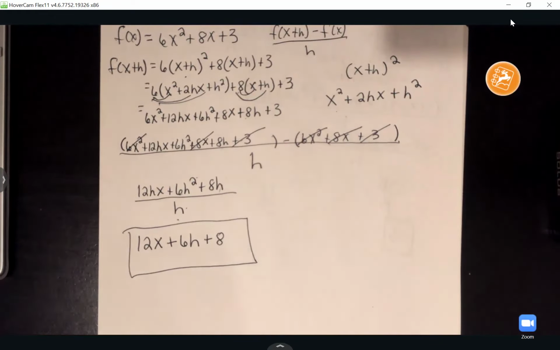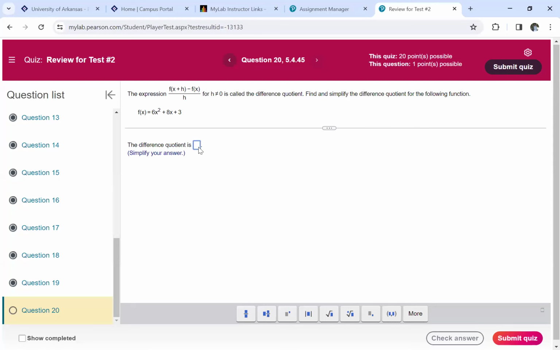So we would go to Math Lab and punch that in. So let me see. So we had a 12x plus 6h plus 8.